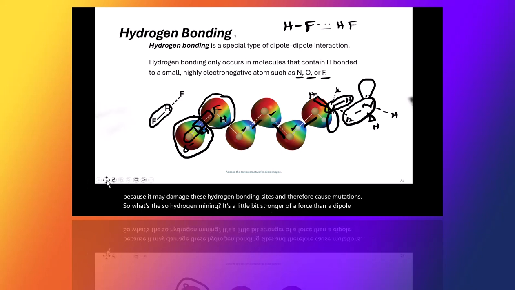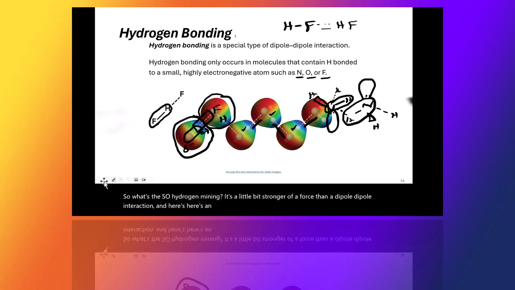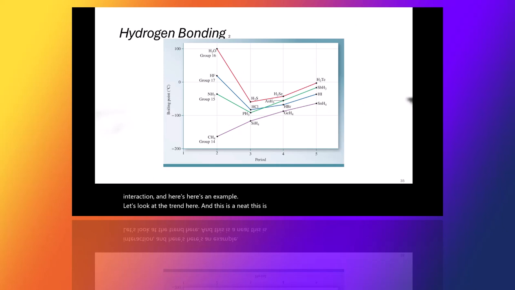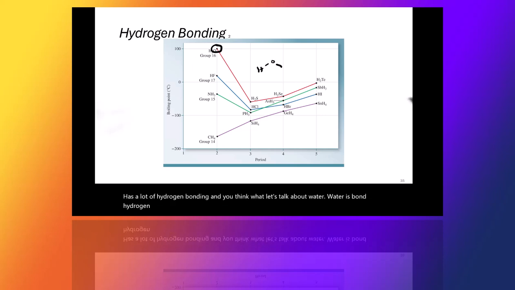And here's an example. Let's look at the trend here. This is a really neat chart to look at. So what you see in this chart is water has a lot of hydrogen bonding. And you think, what? Let's talk about water. Hydrogen is bonded to oxygen. And then there's a lone pair here, and there's a lone pair here.